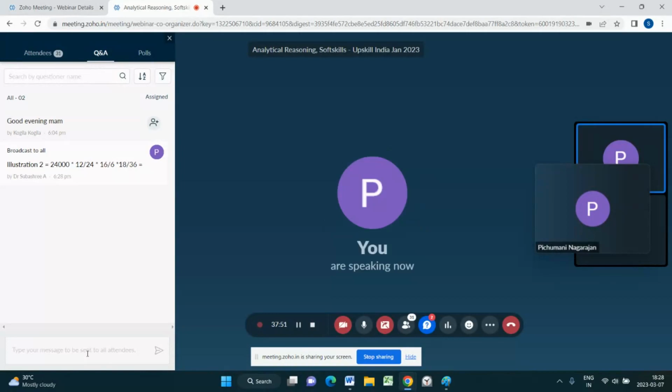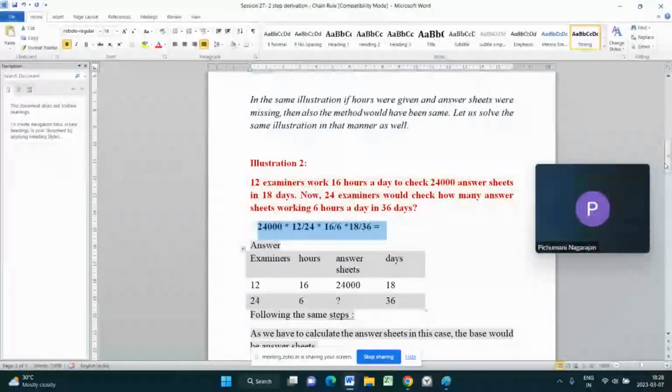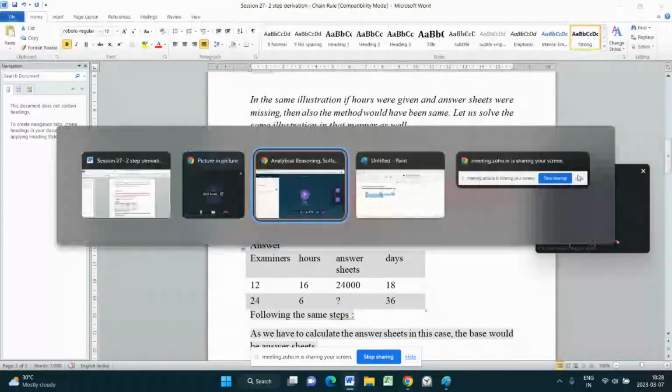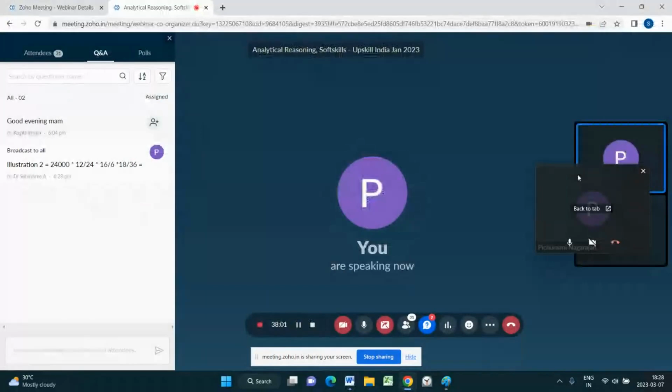Are you getting 36,000 or not? Yes or no, students? You should get 36,000 because it's the same illustration.